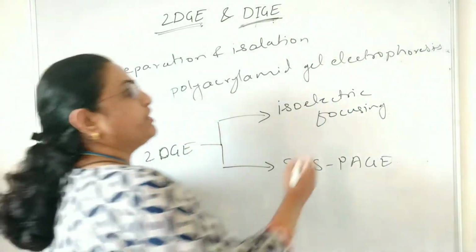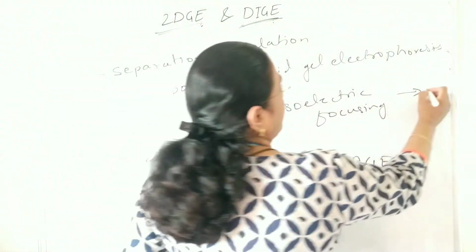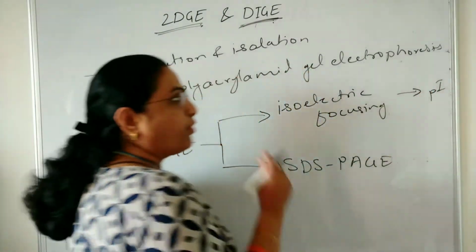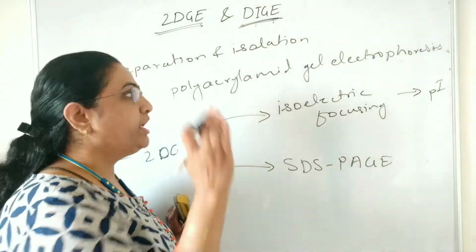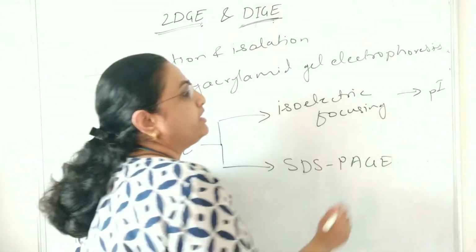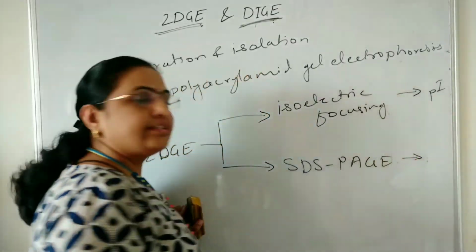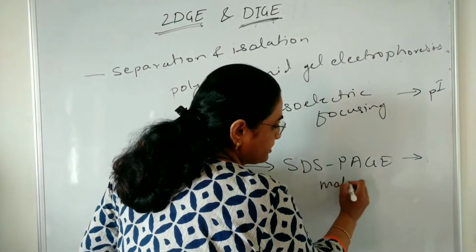In the first, proteins are separated according to their pI, that is the isoelectric point, by isoelectric focusing, and then proteins are separated according to molecular mass.